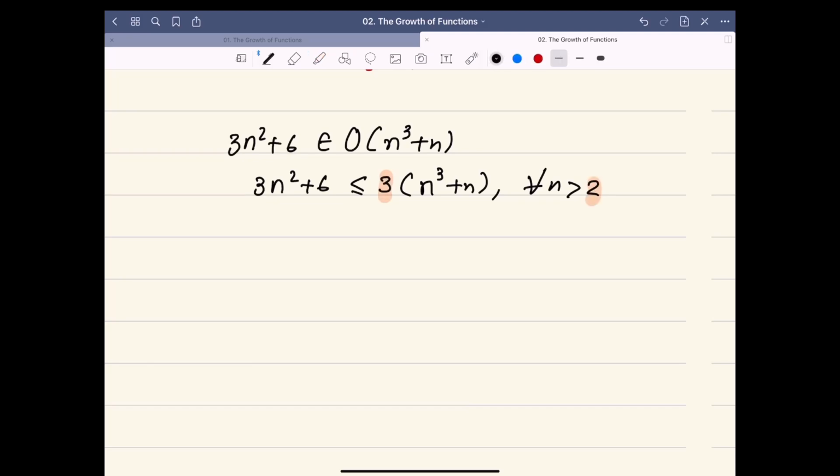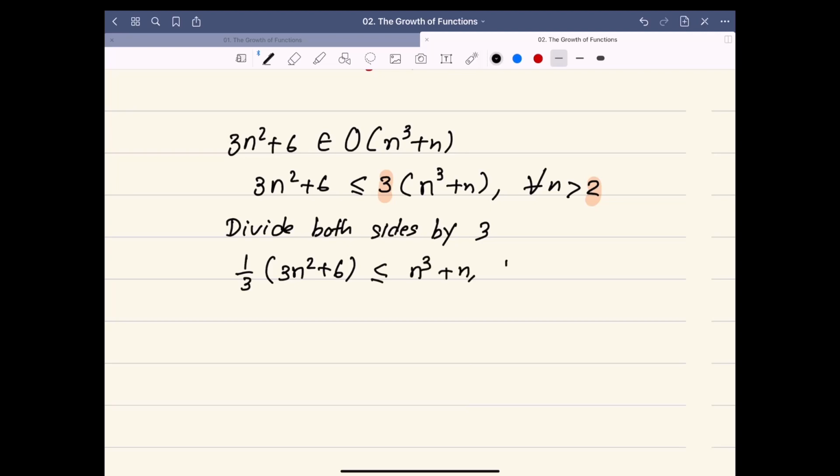Now divide both sides by 3. What will you get? You will get 1 over 3 multiplied by 3n squared plus 6 less than or equal to n raised to power 3 plus n, still for all n greater than 2. Now move this expression to the other side, and change the inequality symbol accordingly.